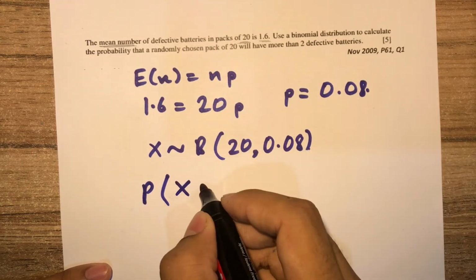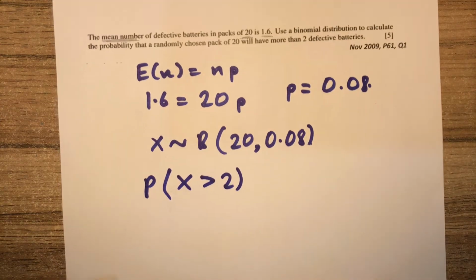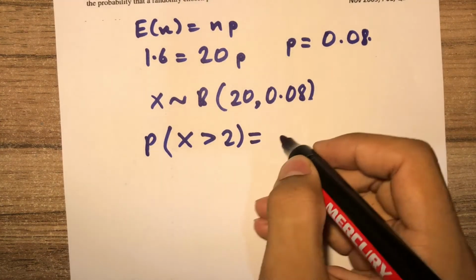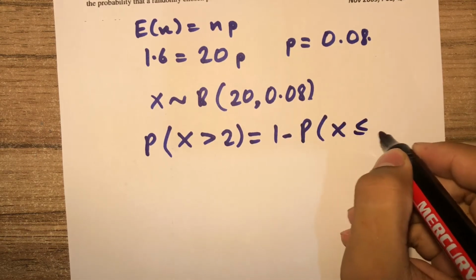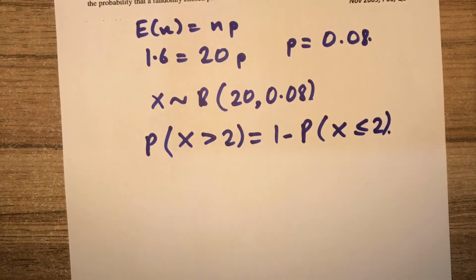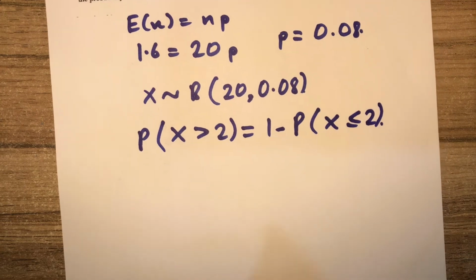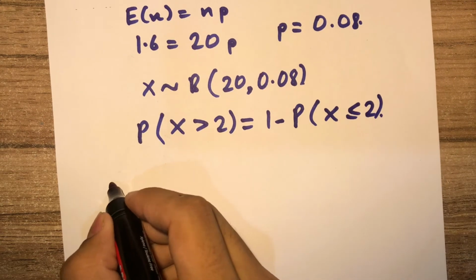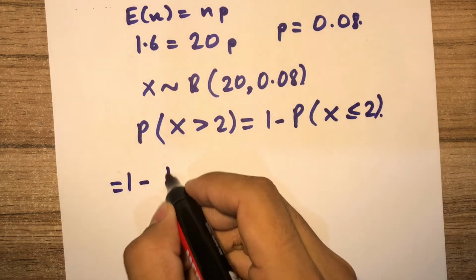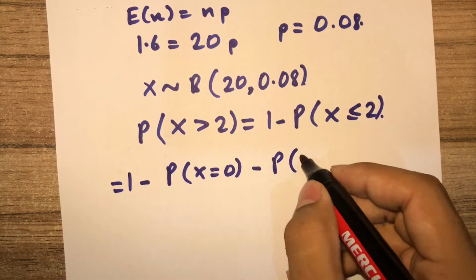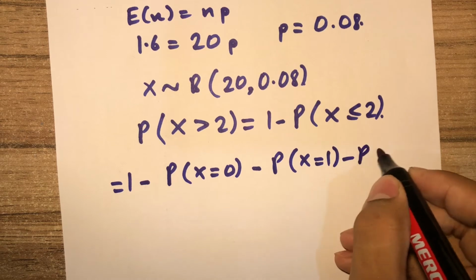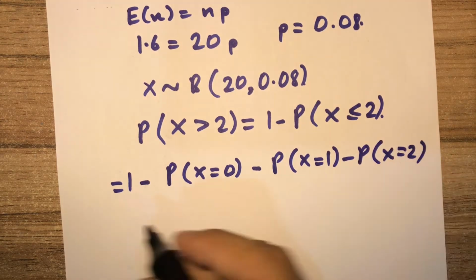So X is greater than 2, right? Now I can write this as 1 minus P(X ≤ 2). So now I have 1 minus P(X=0) minus P(X=1) minus P(X=2).